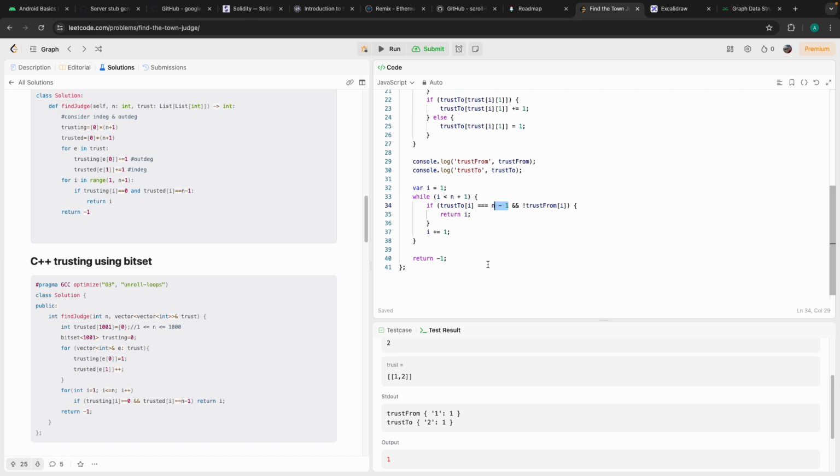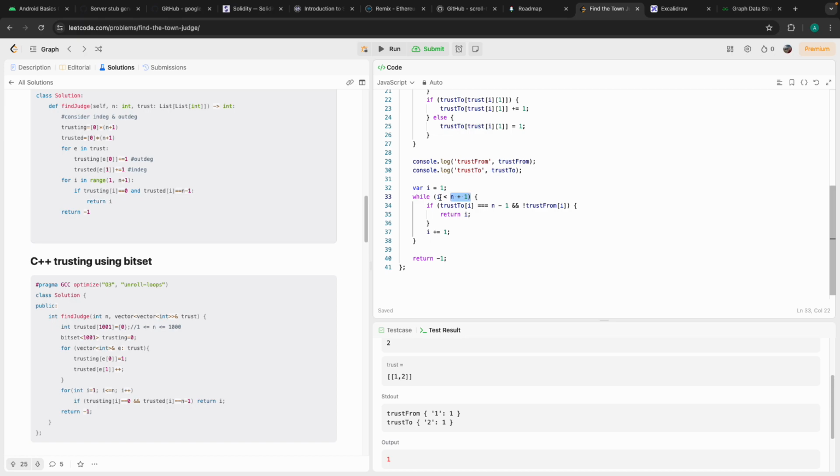Why? Because one person trusts... oh sorry, n is 2, n minus 1 is 1, trust to 2 is 1, and trust from 2 we don't have it, so it should work. i is 1, i less than n plus 1, i less than 3.